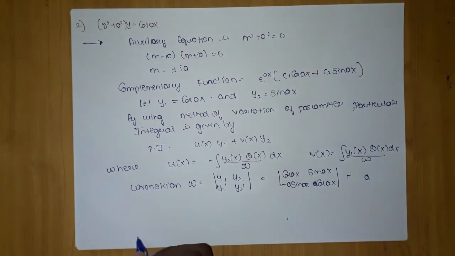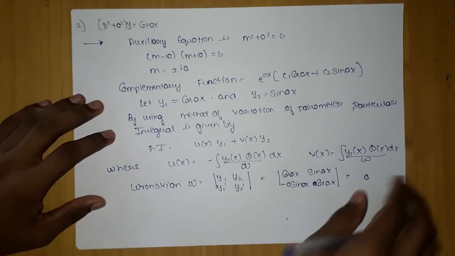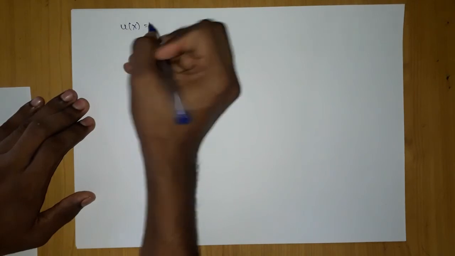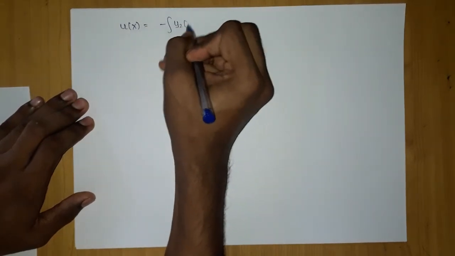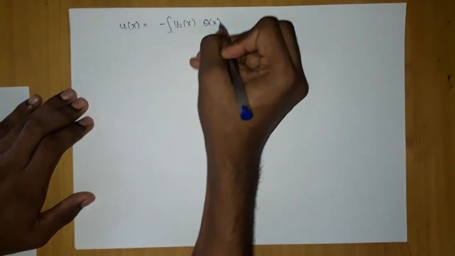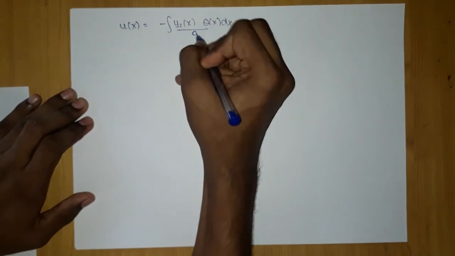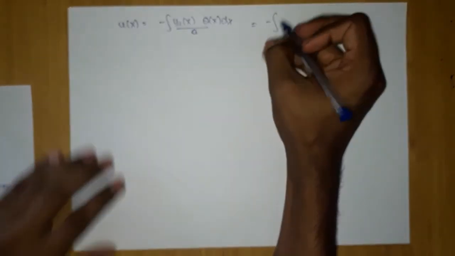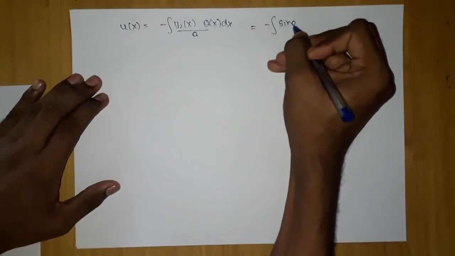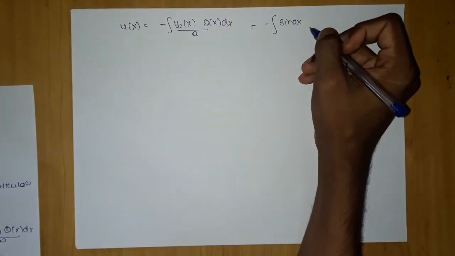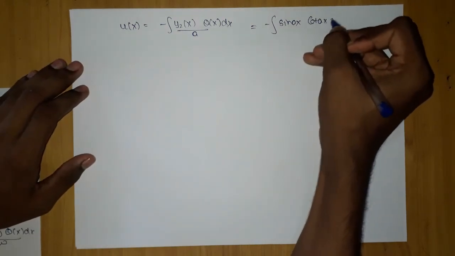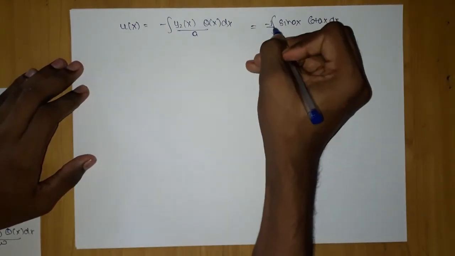Now we are going to move on to getting u of x. So let's focus on getting u of x. u of x was given by minus integral y2 of x into q of x into dx by W, which is a. So if we substitute, y2 of x is sin ax, and here our q of x is cot ax dx, and we will take the 1 by a outside.